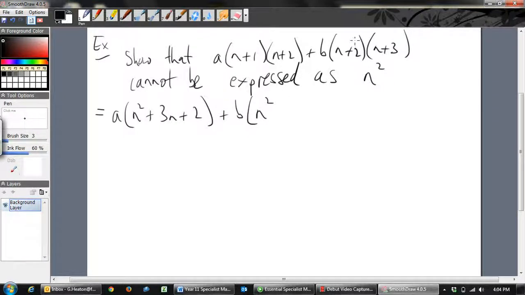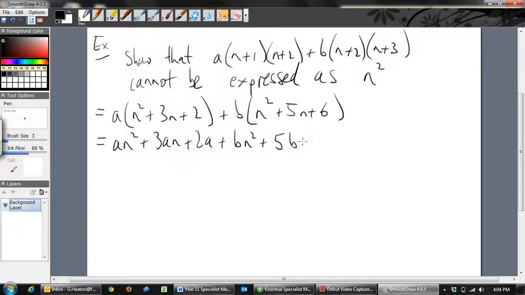We've got n squared plus 3n plus 2n is plus 5n plus 6. Okay, and I'll just simplify this down, equals an squared plus 3an plus 2a plus bn squared plus 5bn plus 6b. Okay, and at this stage we're going to say that's equivalent to n squared.